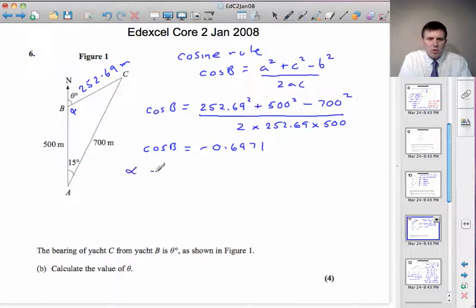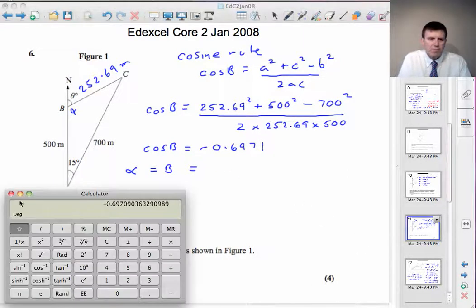So alpha, which is the same as B, is equal to cos to the minus 1 of that. So cos to the minus 1 gives 134.2 degrees to one decimal place.